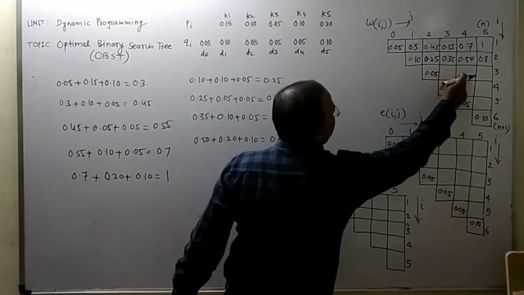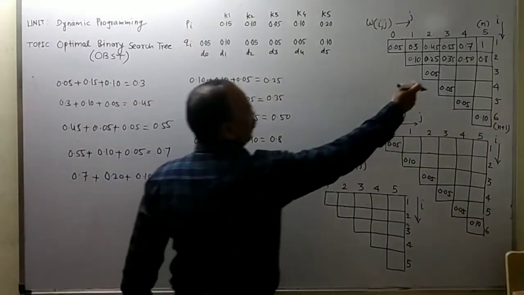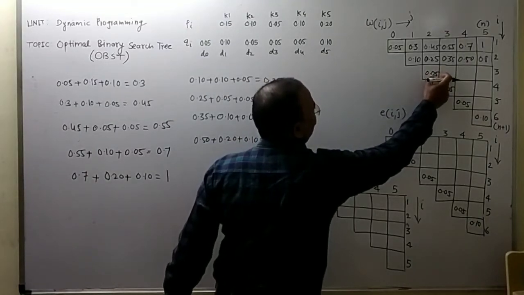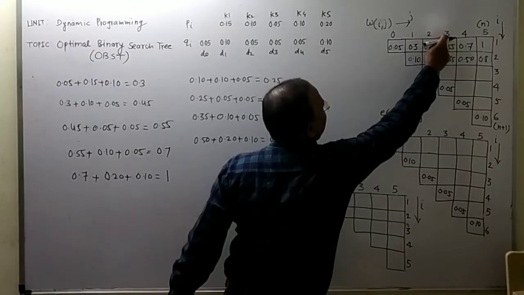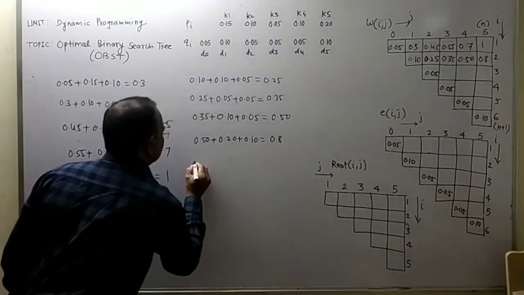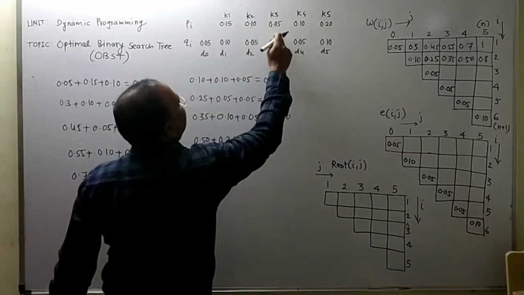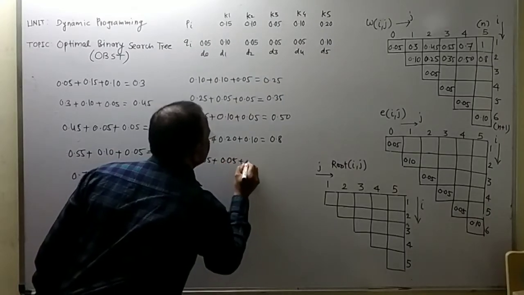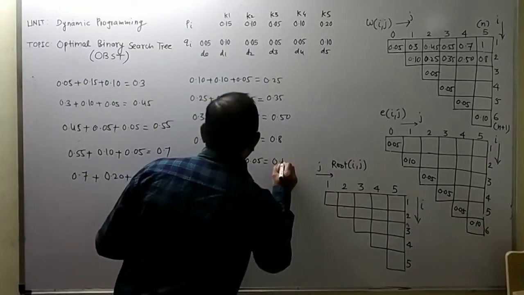Now try to get the values for the third row. For that we have to refer the previous value for this cell, that is 0.05, and the probability of K3 and D3. 0.05 plus the probability of K3 and D3, that is 0.05 plus 0.05, is equal to 0.15.